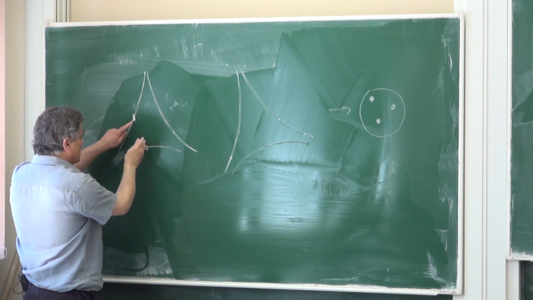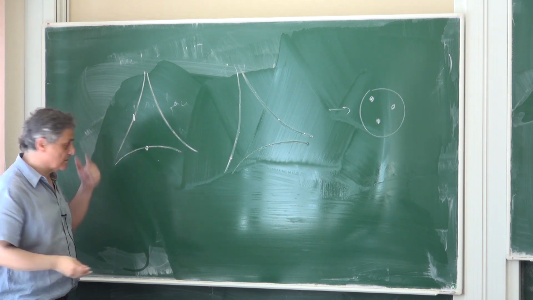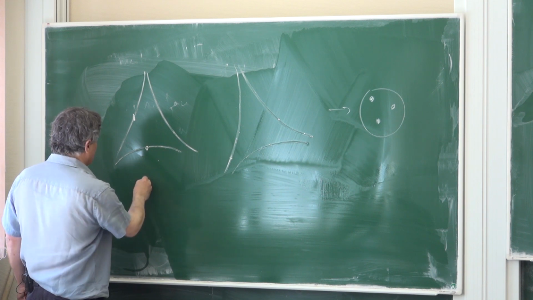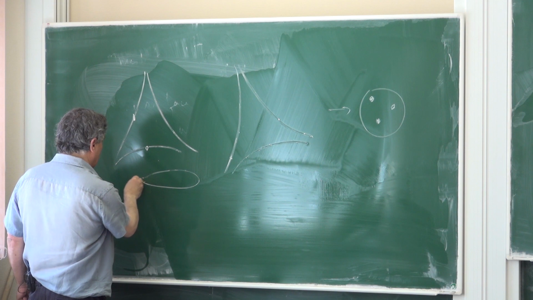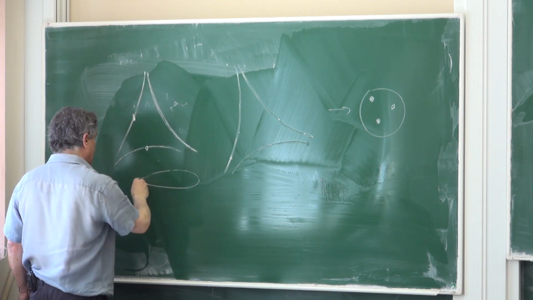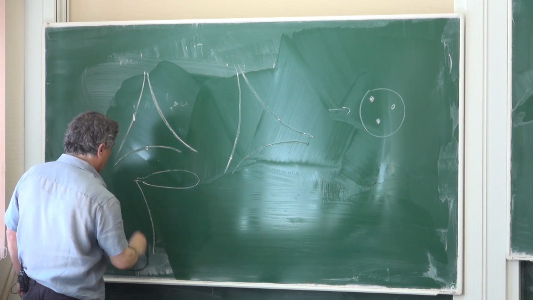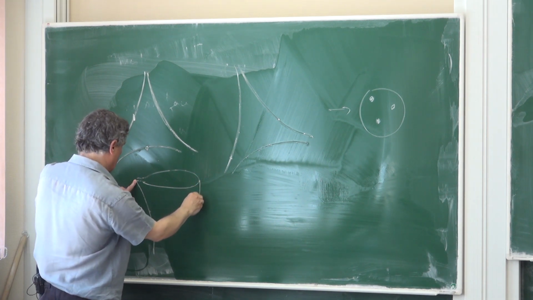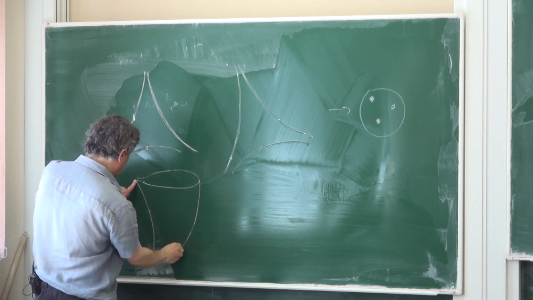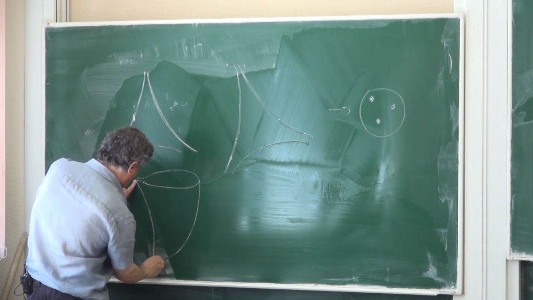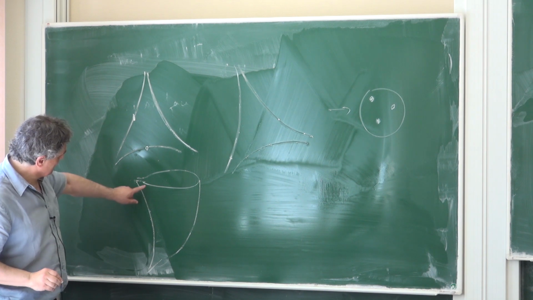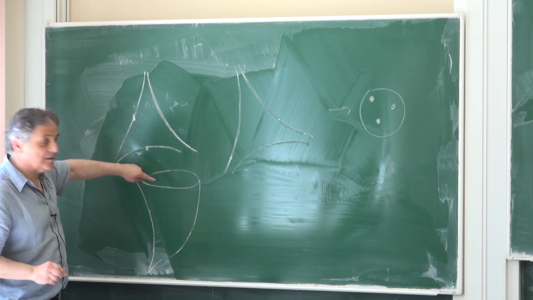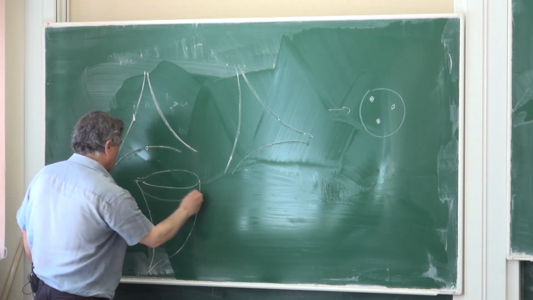I can start by gluing this side to this side, right? And I get something like this, which is this side glued to this side, so this is one of my triangles, and then the other side is okay.